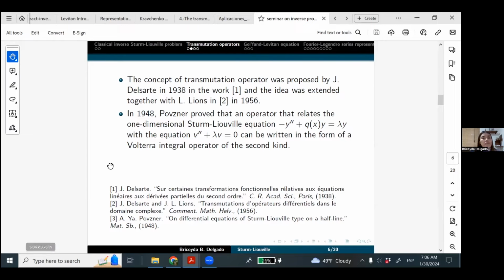Later in 1948, Povzner proved that the transmutation operator that relates the Sturm-Liouville equation with this equation, second derivative of v plus lambda v equal to 0, can be written as a Volterra integral operator of the second kind. This result we will use for this inverse problem.